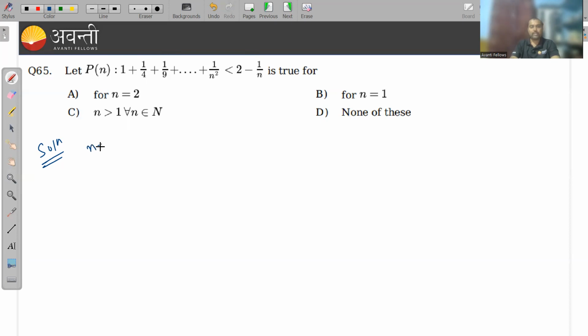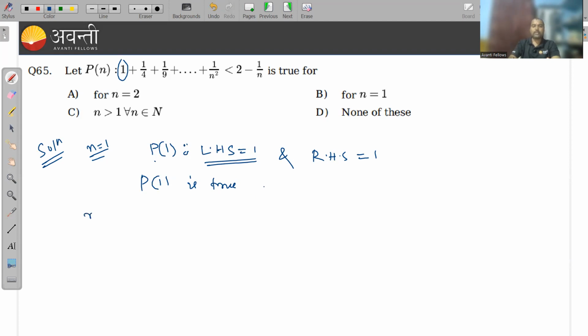If we take n is equal to 1, then for p of 1, the left hand side becomes 1 because we are taking only one term. And the right hand side becomes 2 minus 1 by 1, that is also 1.